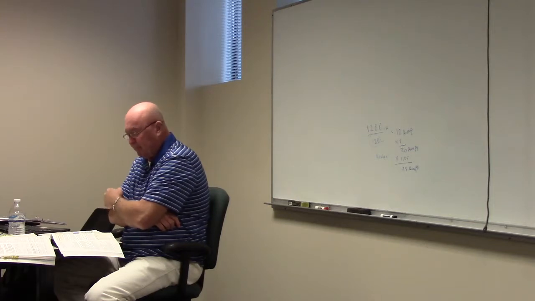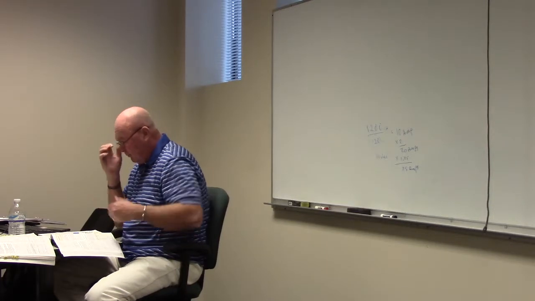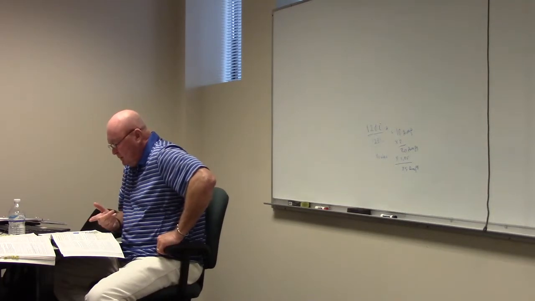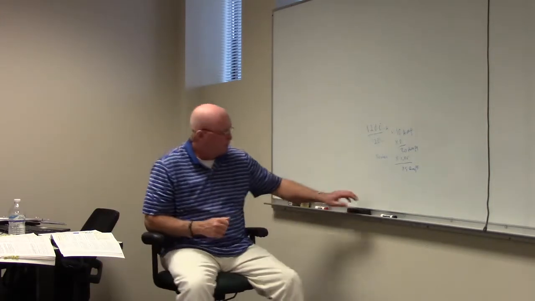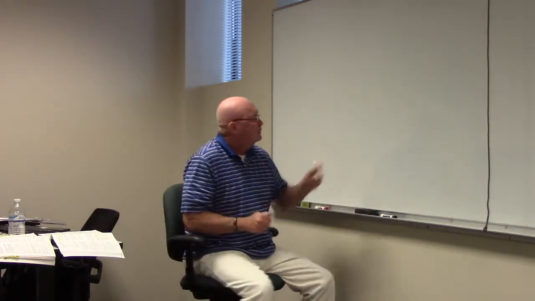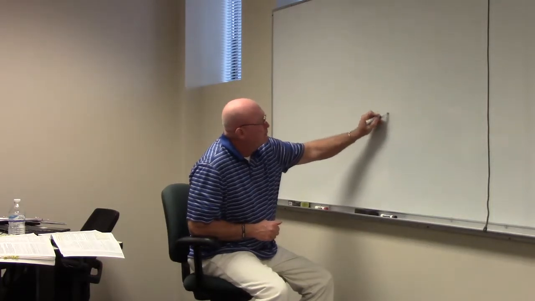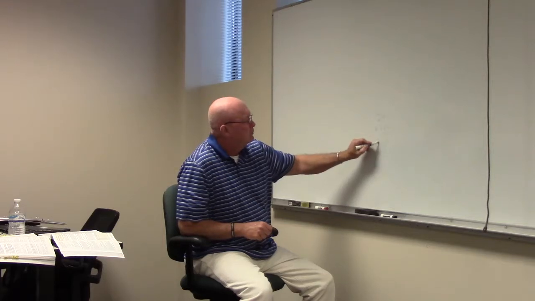Single phase, right? Feeder load contributed by general lighting in a 100-unit motel. The guest room is 240 square feet. So what are we going to do? 240 square feet times 100 gives us what? 240,000.